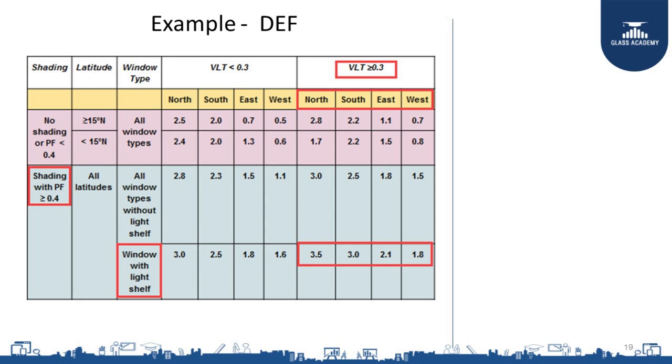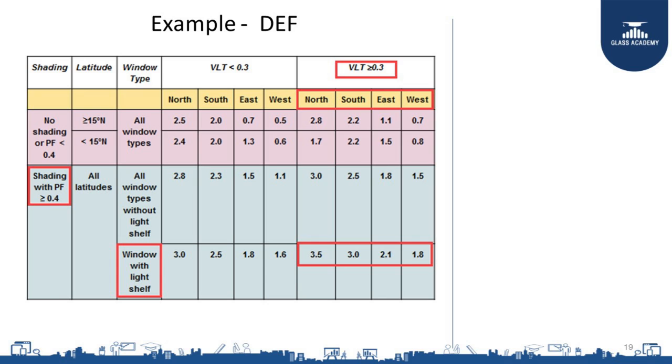Now what do we do? We find out the DEF. As given, the VLT is more than 0.3, therefore we take the corresponding column. We know that the shading is there in the building with projection factor greater than or equal to 0.4, so we take the second major row.